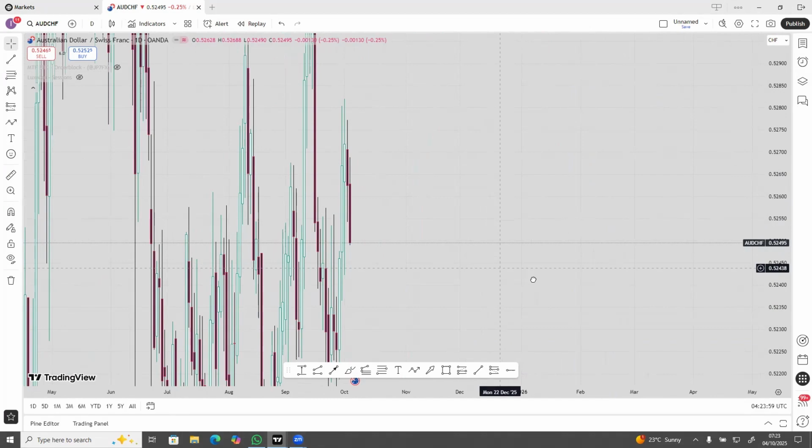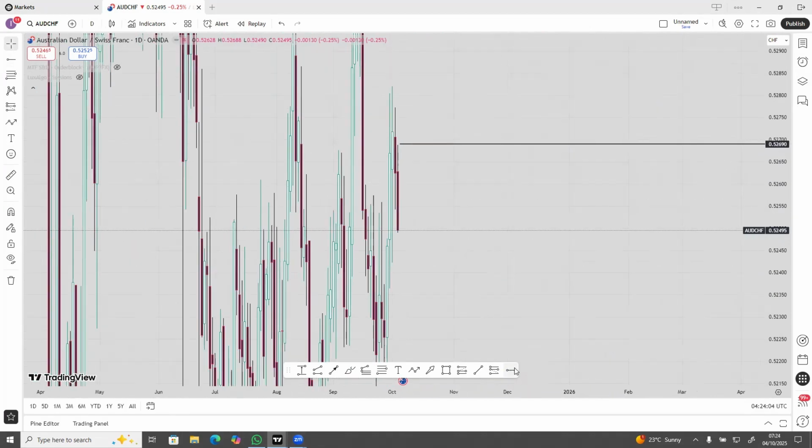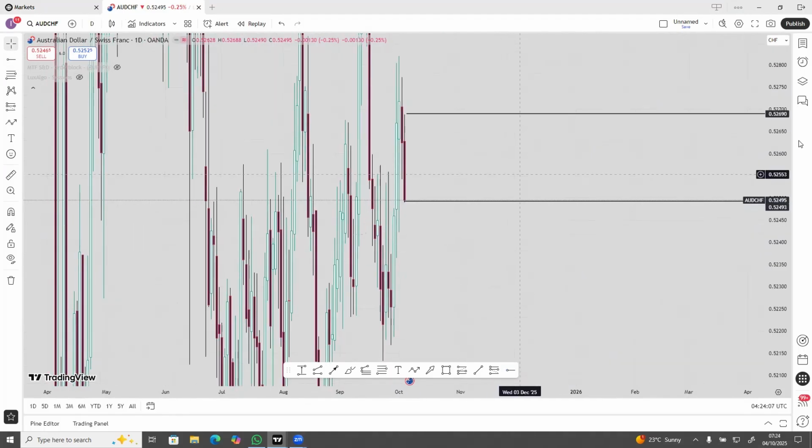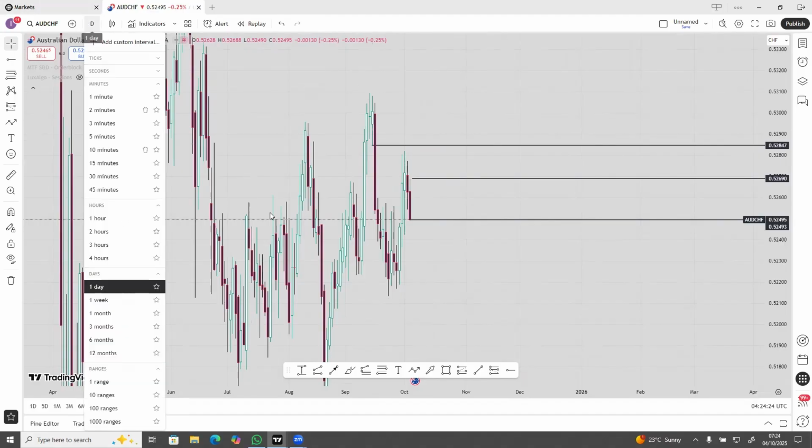Daily indicates we are in a downtrend. We are in a downtrend, but above here there is supply, unmitigated supply. So it creates inducement, and later it may just come back to mitigate that supply.